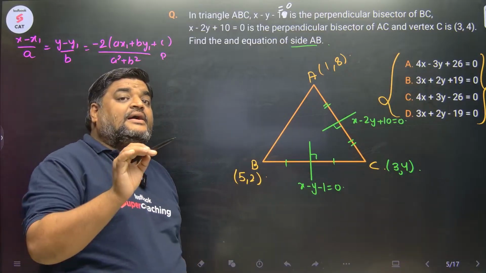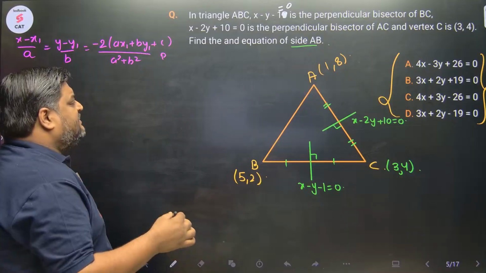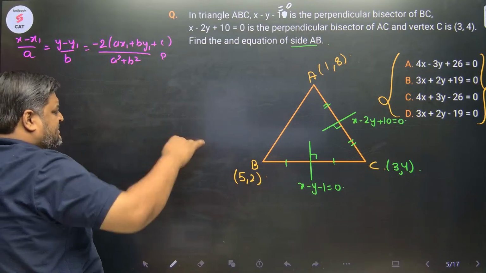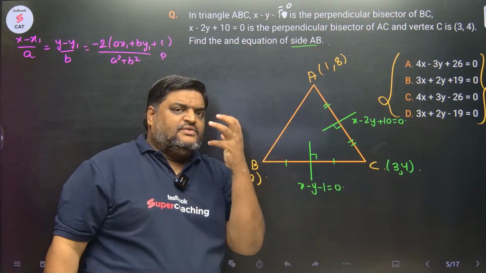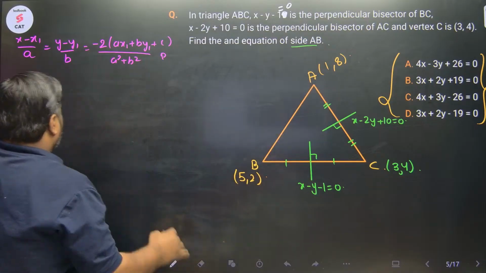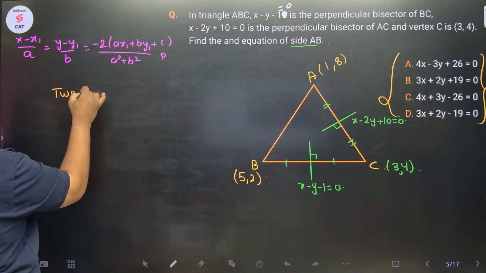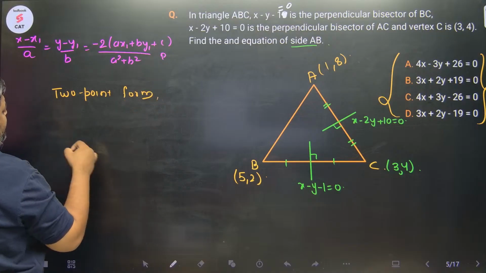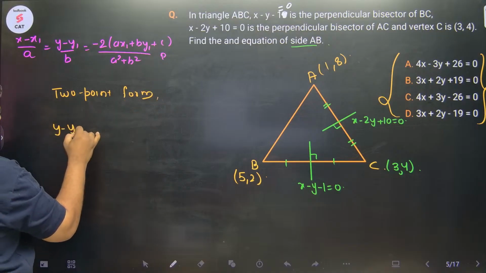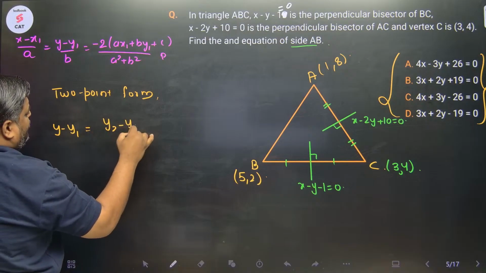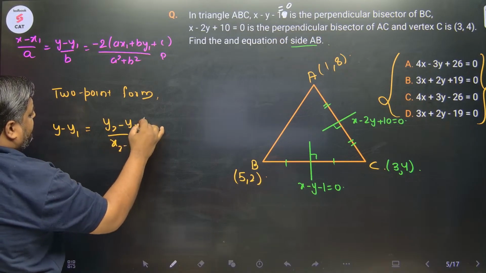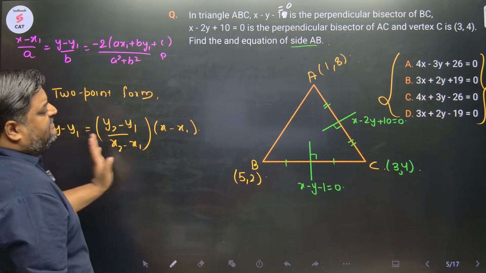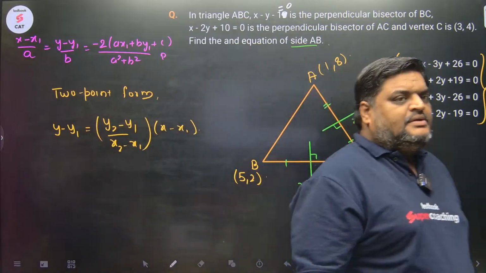Right? अगर आपको ऑप्शंस के थ्रू नहीं जाना है, बट स्टिल आपके पास दो पॉइंट्स है एंड यू वांट टू फाइंड द इक्वेशन ऑफ द लाइन, तो use 2 point form, which says that y minus y1 equals y2 minus y1 upon x2 minus x1 bracket में x minus x1. This will give you the equation of the line, right?